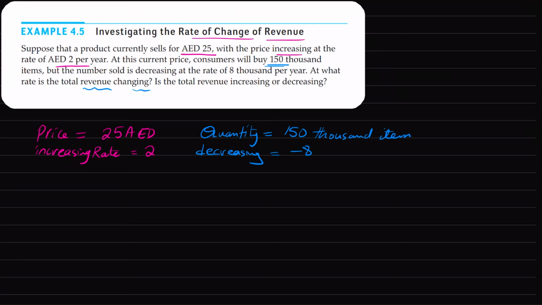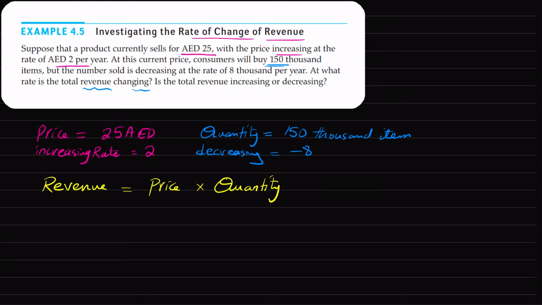First, we have a rule that states that revenue is equal to the price multiplied by the quantity. How come this rule? Let's write an example here.